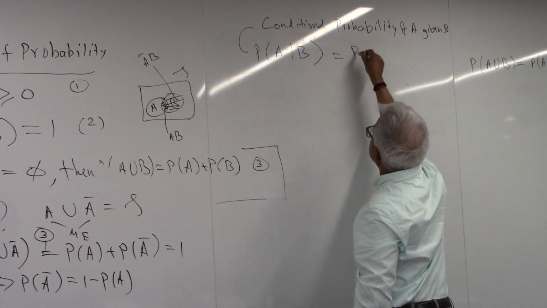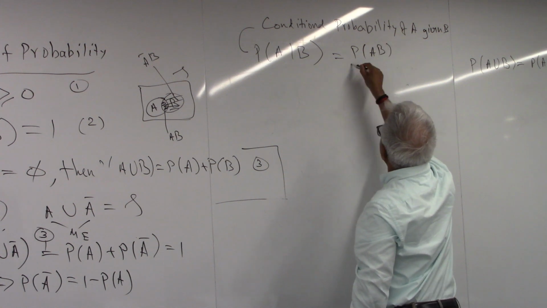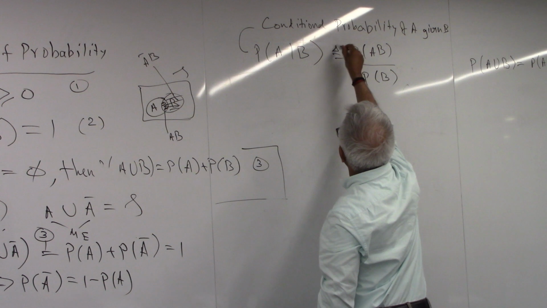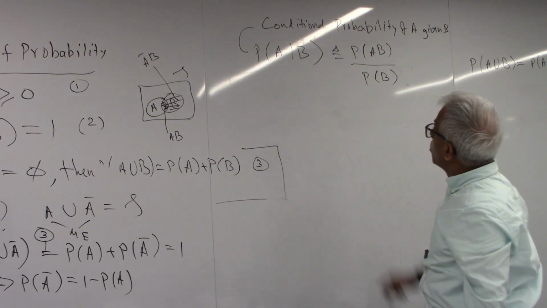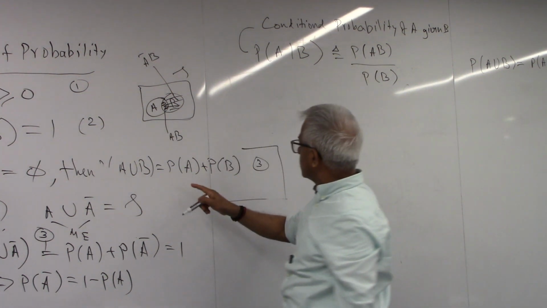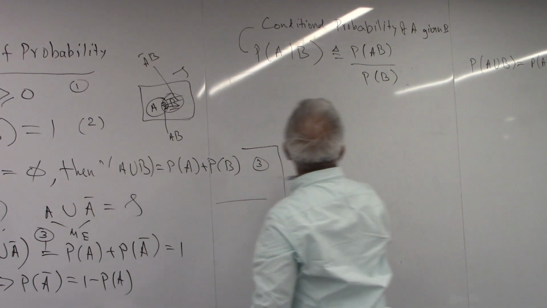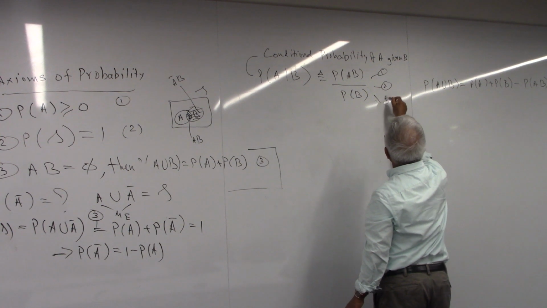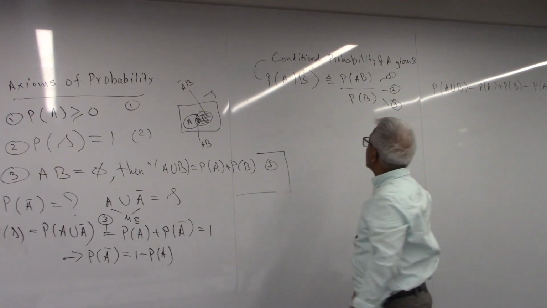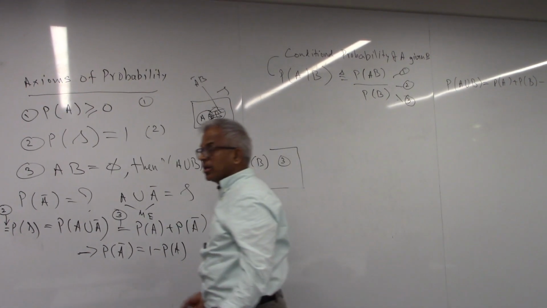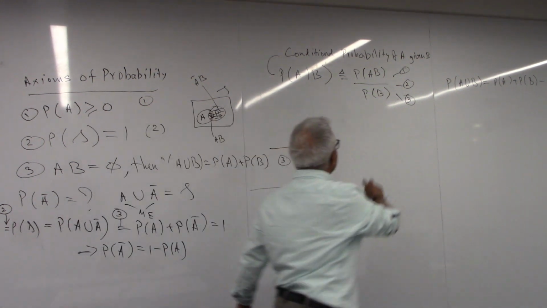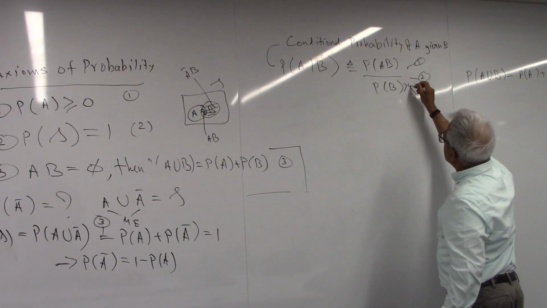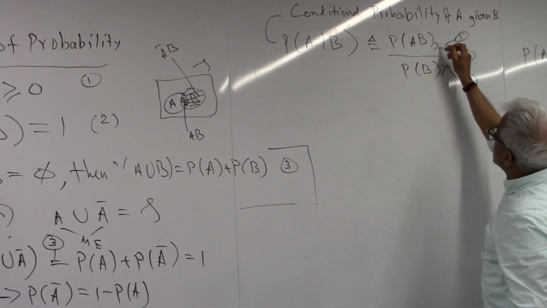We are going to define this as P(AB) divided by P(B). That's by definition. So the question now is, is this a probability? All we have to do is check whether it satisfies these three relations. So let's check one by one. One, any probability should be non-negative. This is an ordinary probability divided by an ordinary probability, and we will assume P(B) is greater than 0.